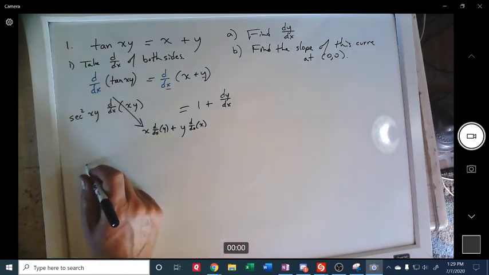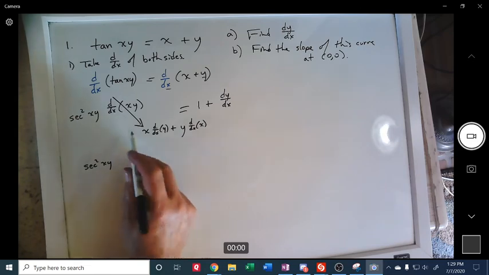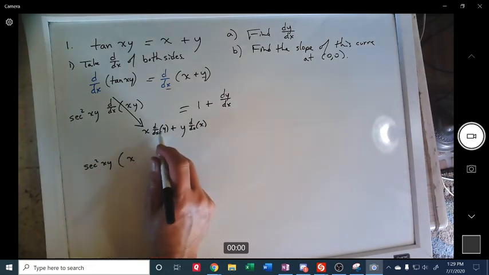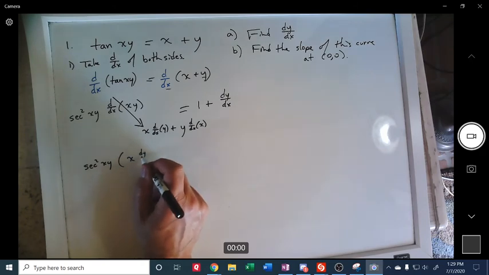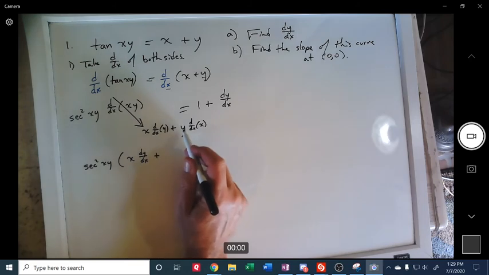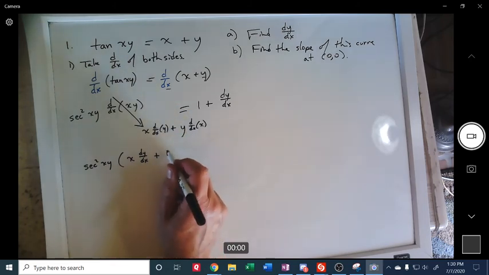So this is going to become secant squared xy, and then this is going to become x. Now d dx of y is the same as dy dx, plus the derivative with respect to x of x is just 1.